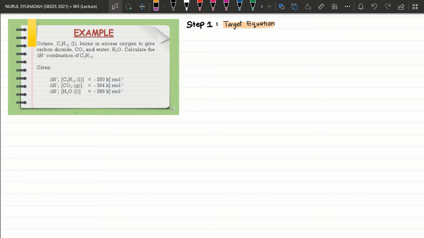So how do we know what our target equation is? Look back at your question. What does the question ask you to find? If we look at our question over here, the question asks to find delta H combustion of octane.